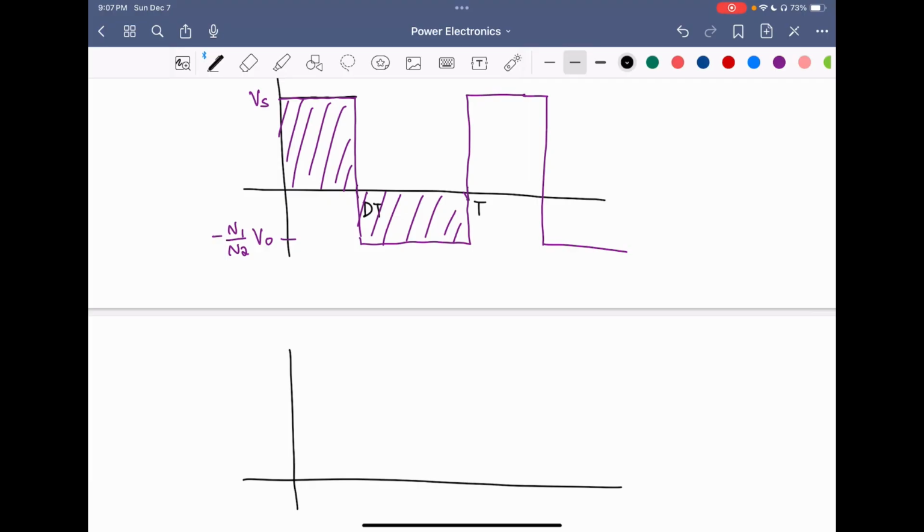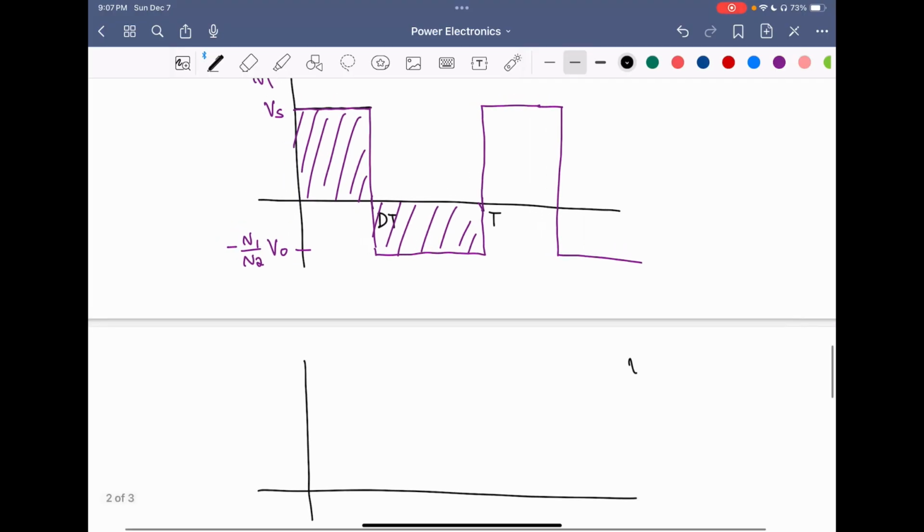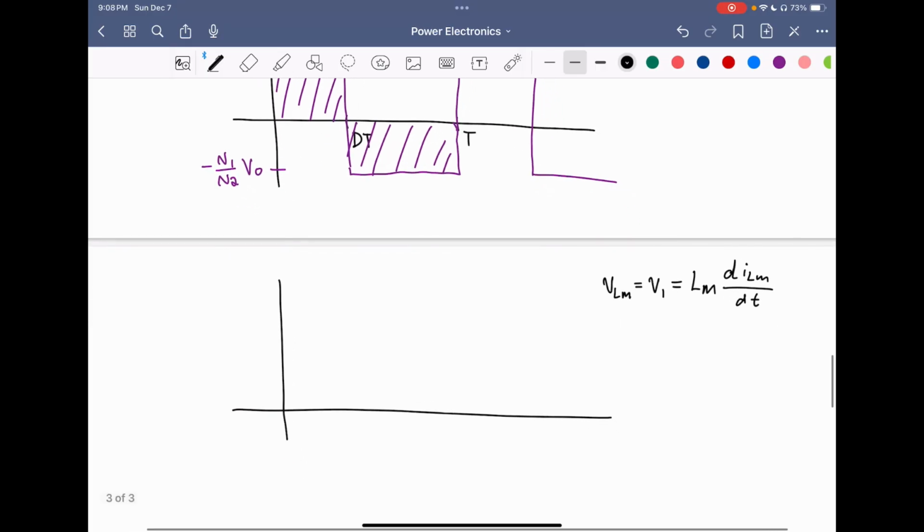because of the expression that VLM, which we know is equal to V1, is equal to LM dILM over dt. So we have that the derivative of the magnetizing current is equal to VLM over LM.